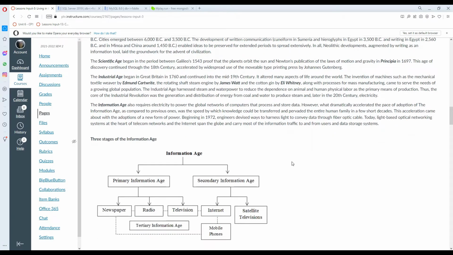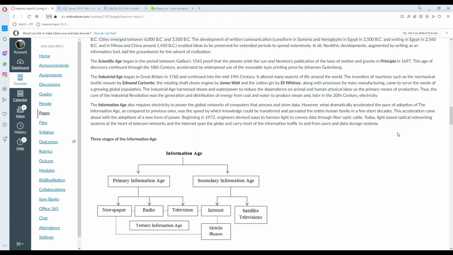The information age also requires electricity to power the global networks of computers that process and store data. However, what dramatically accelerated the pace of adoption of the information age as compared to the previous ones was the speed by which knowledge could be transferred and pervade the entire human family in a few short decades.